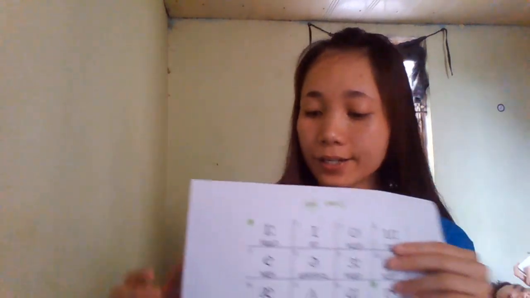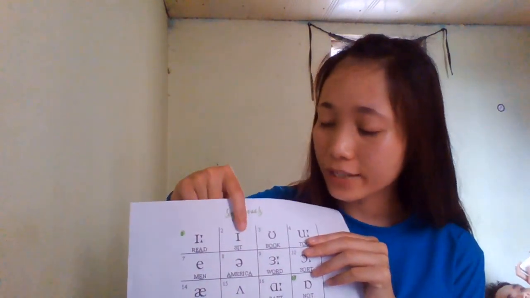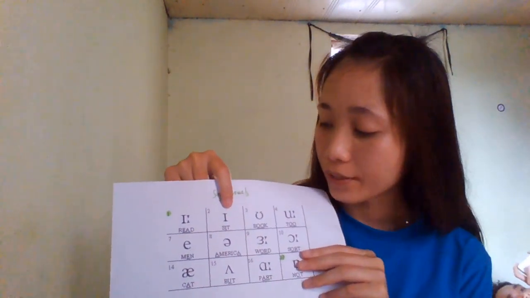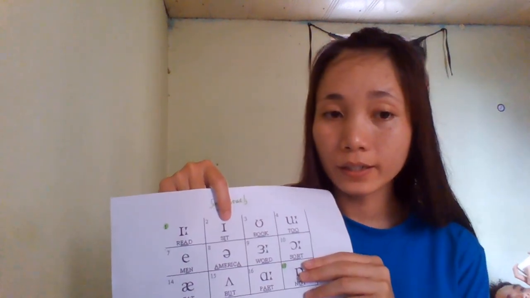When you say E, it looks like laughing, right? Read, read. So now we move to the second single vowel, ɪ.